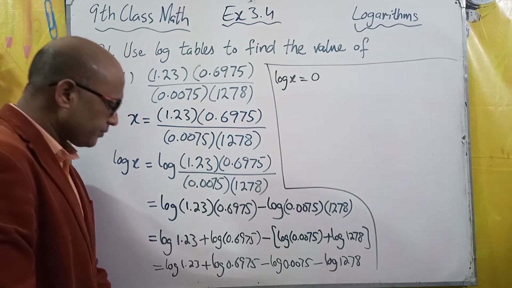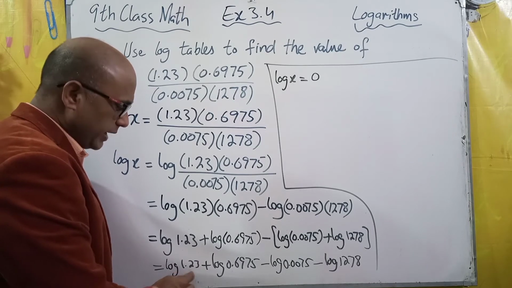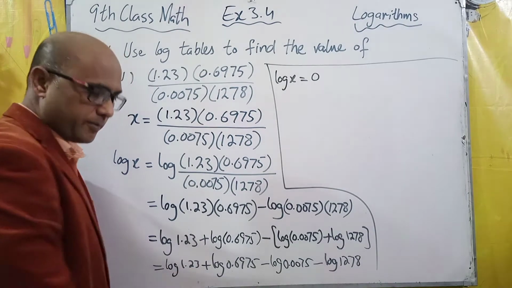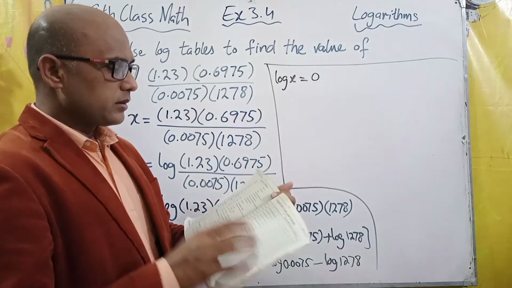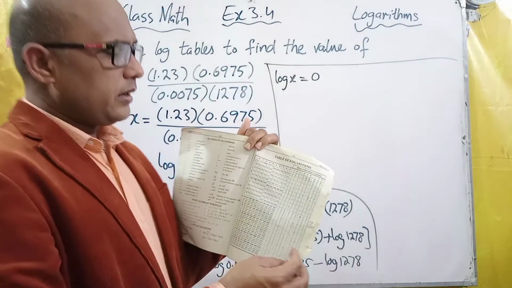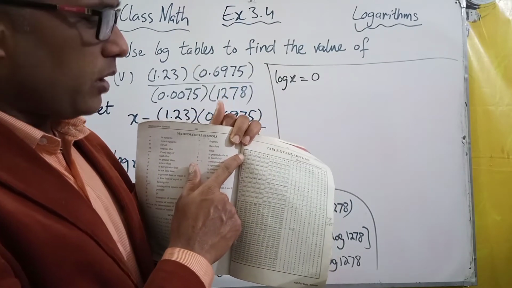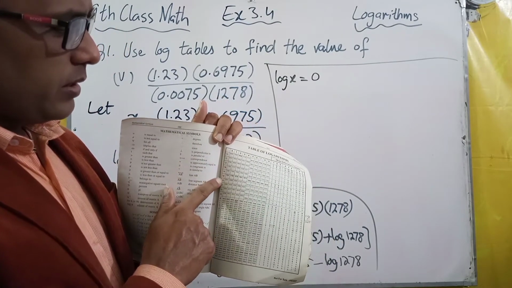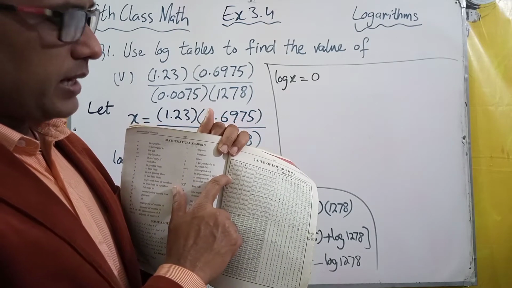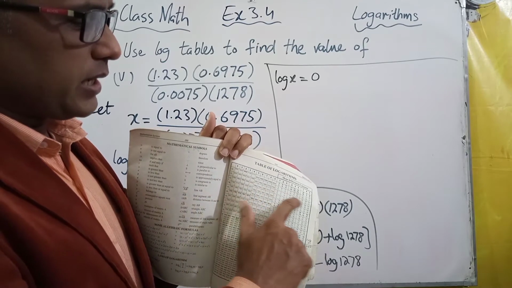So students, now we'll see 12, ignoring the decimal, in column 3. You can see there are numbers starting from 10. So after 10, 11, 12, there is a row of 12. In front of 12 there are numbers in a row.